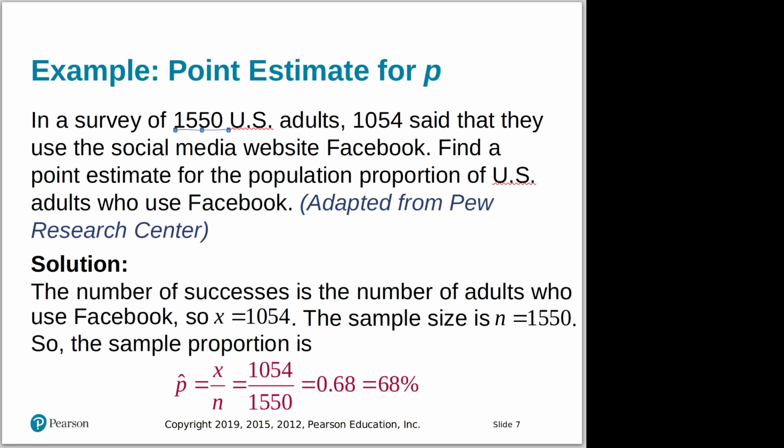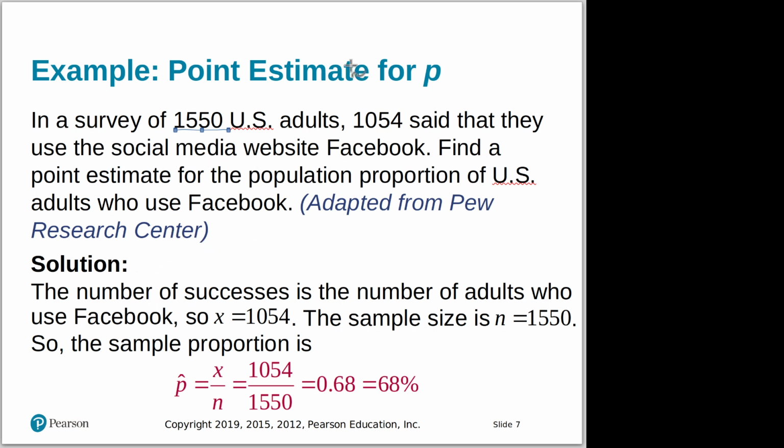All right, if we look at this data here, we can turn this into an idea of what we're doing with estimations. We take a survey, and this isn't the population: 1,550 adults. 1,054 of them said they use social media, Facebook. We want to find a point estimate for the population proportion. We want to be able to say that this survey talks about the population.